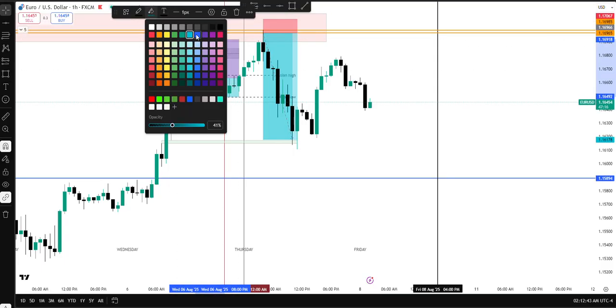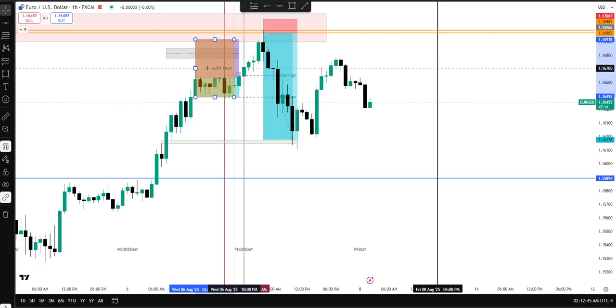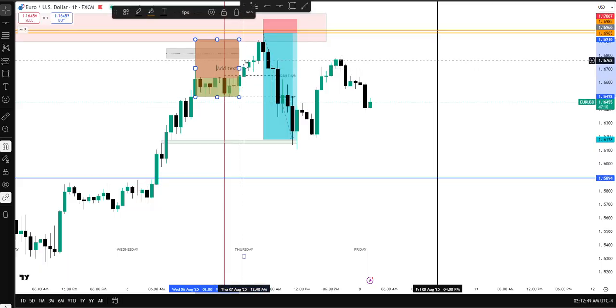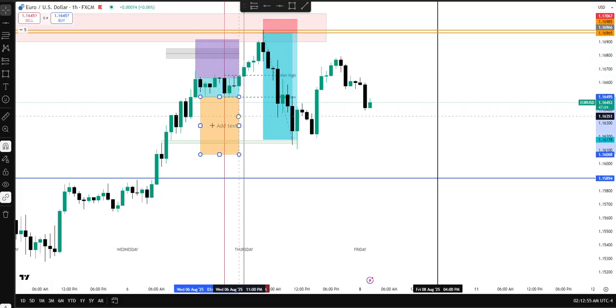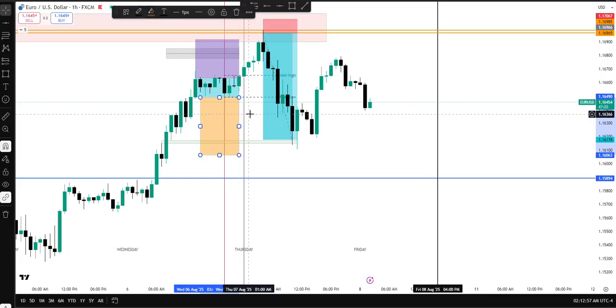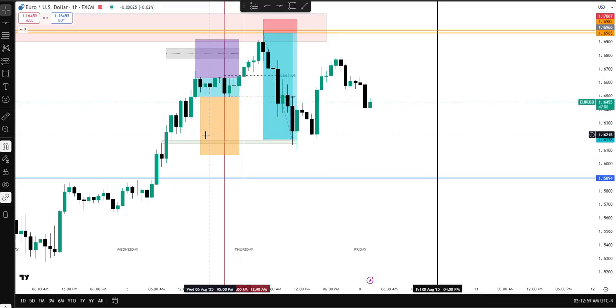I liked it orange, this thing. And then we project it lower. And we look for targets considering the deviations.